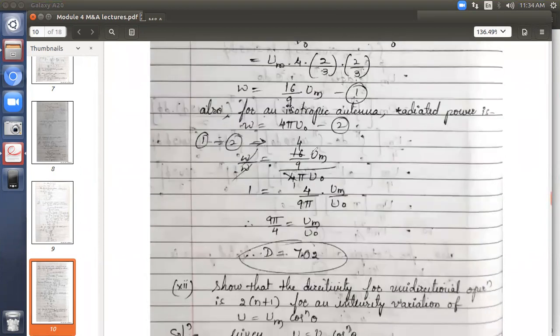So 4 fours are, 4 in the numerator divided by 9 pi u naught. If you solve this, you will get the directivity as 7.02. Okay, this is the directivity for the given question.